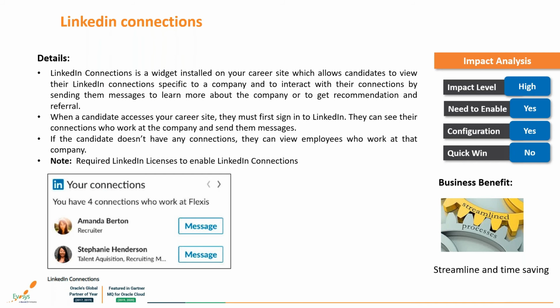When a candidate accesses your career site, they must first sign into LinkedIn with their user credentials, and then they can send messages to their connections who work at the company and have a conversation with them.